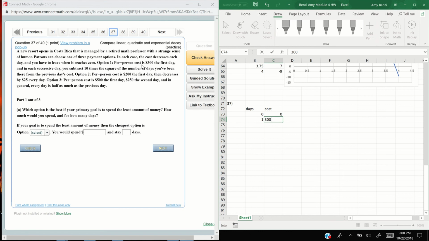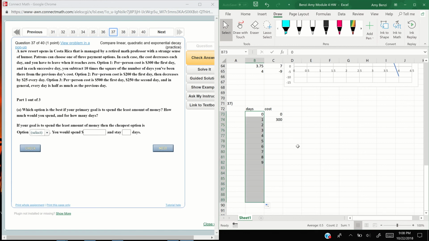All right, so $300 for the first day, and in each successive day, you subtract 10 times the square of the number of days that you've been there. So after the first day, now I'm on the second day. I'm going to get myself a little list of days going here.